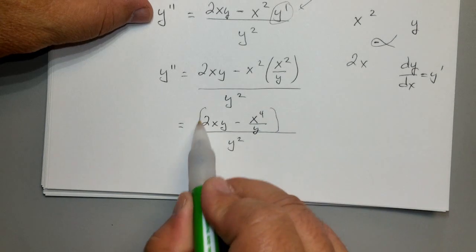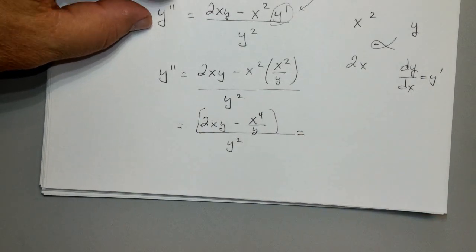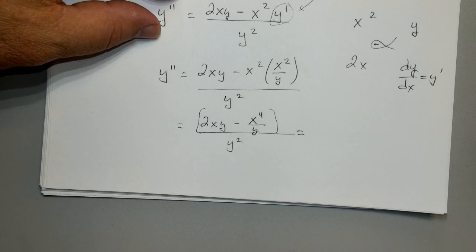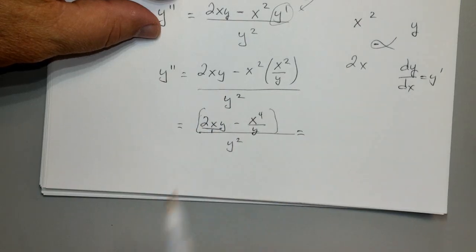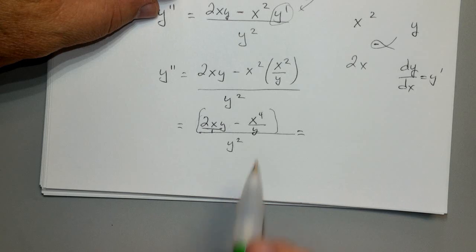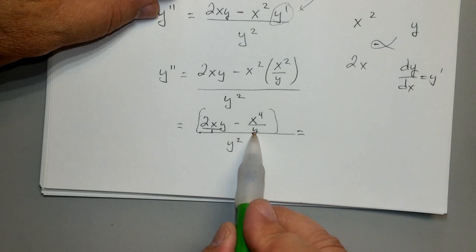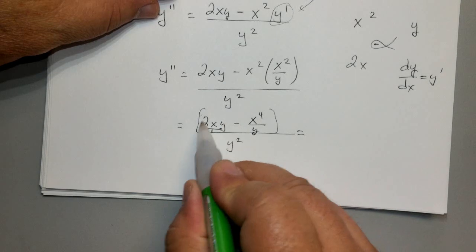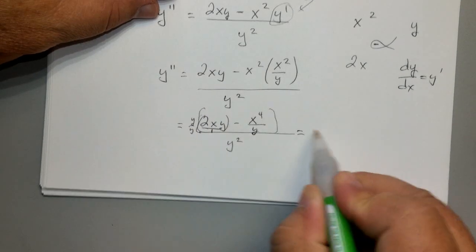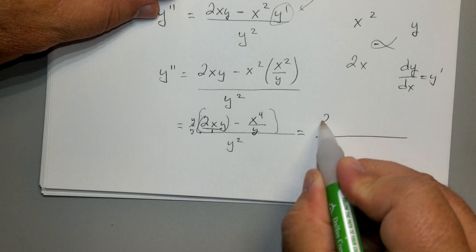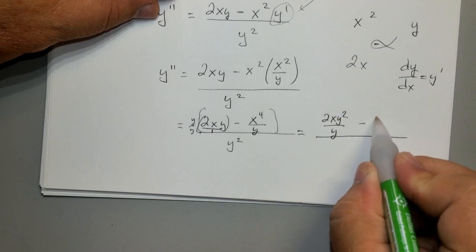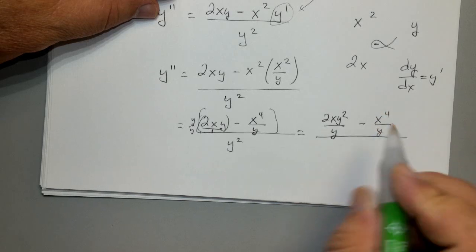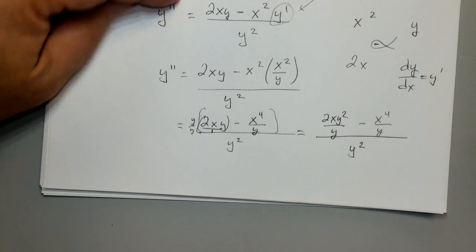How do we combine the numerator? What do we have to do with this one? It's over 1 right now. We have to get a common denominator. Yes. So it's 2xy squared over y minus x to the fourth over y squared.